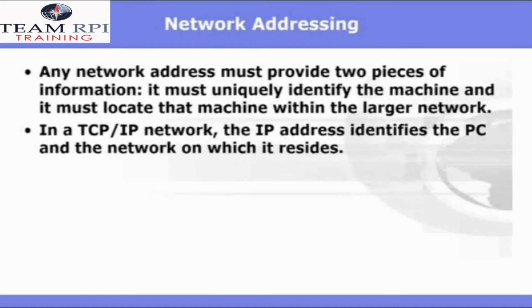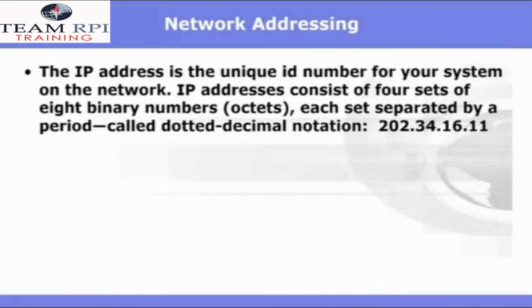The network address must provide two pieces of critical information. It must uniquely identify the machine, and it must locate that machine within the larger network. This is called the IP address. It identifies your PC and the network to which it belongs.